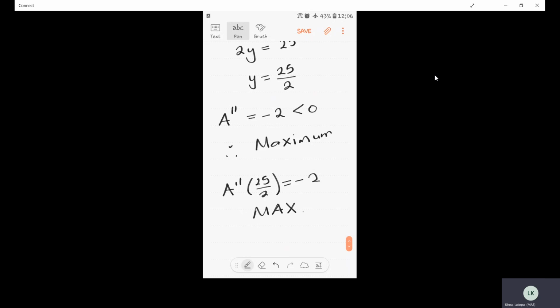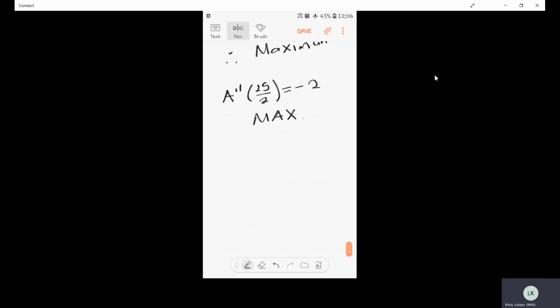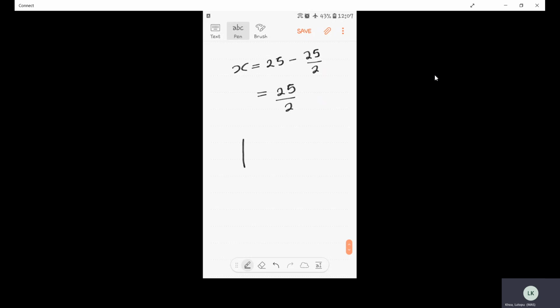So now that I know the value of y, I can work out the value of x. So we say that x is equal to 25 minus y, which is 25 minus 25 over 2, and this gives me 25 over 2. So my rectangle turns out to be a square, where one side is 25 over 2 and the other side is also 25 over 2.